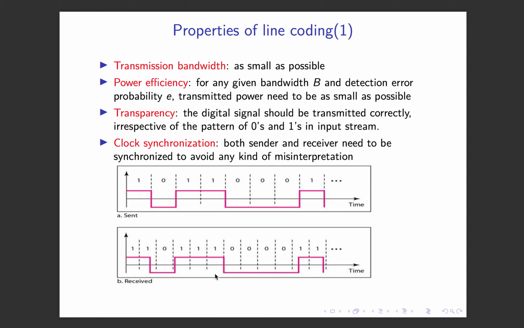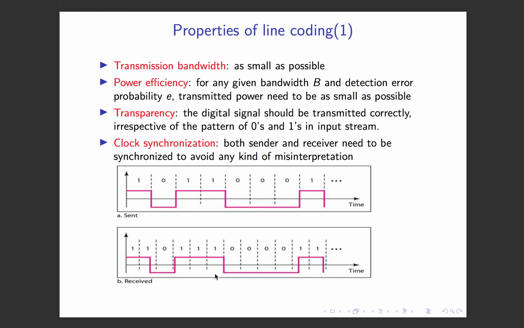That means there is a substring with a large number of consecutive zeros or ones somewhere in the data stream. That data stream may get misinterpreted and introduce some error on the receiver side.